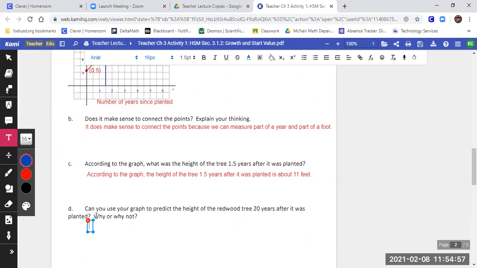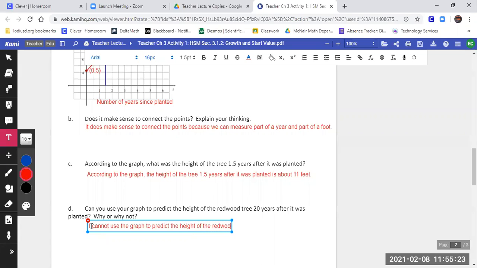Exactly. Okay, so I cannot use the graph to predict the height of the redwood.